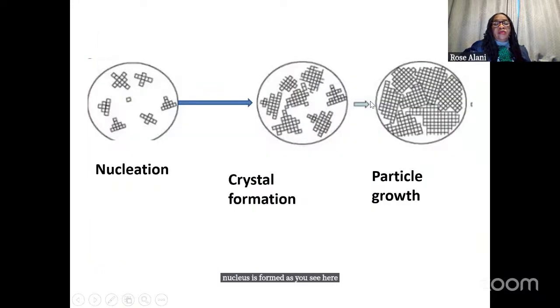Then, as I mentioned in step 2, several nuclei are formed. The different nuclei come together and crystal is formed. More and more crystals form and come together, and then you have the particle growth as is shown here.